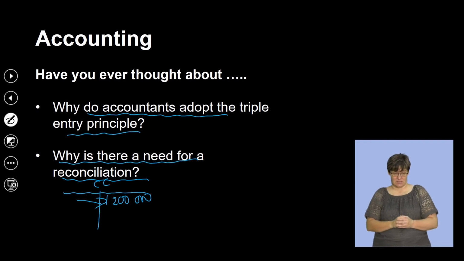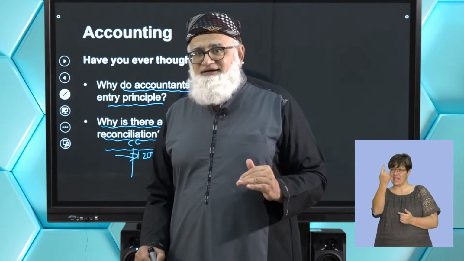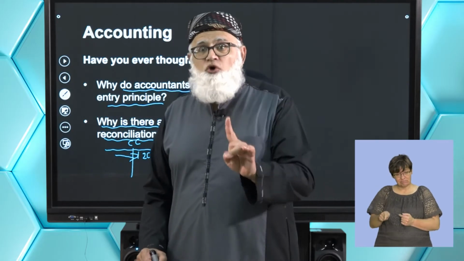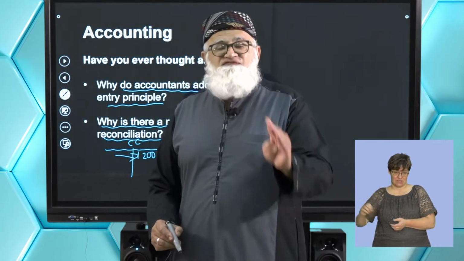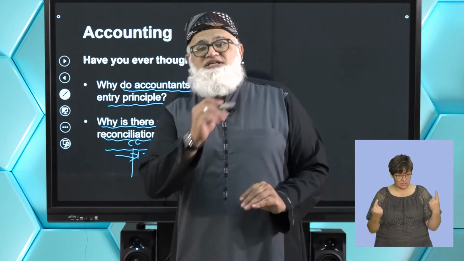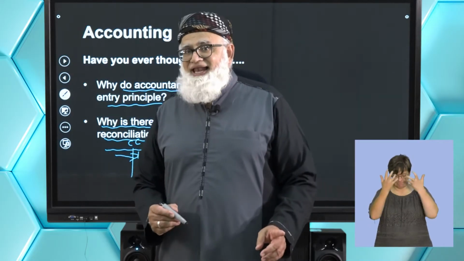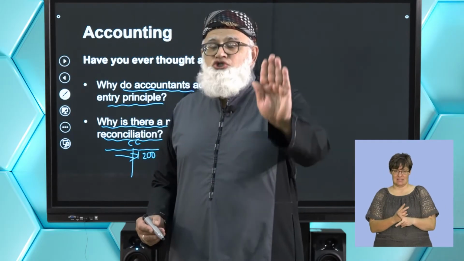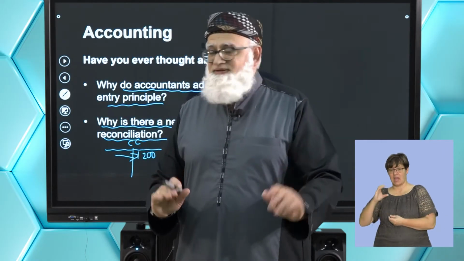In other words, if I take my creditors ledger and extract the final balances of every creditor, I should get a total of 1,200,000. If that does not happen, it means that we have to reconcile what? The creditors control account with the creditors ledger. Okay.